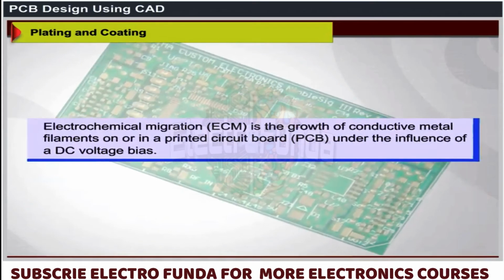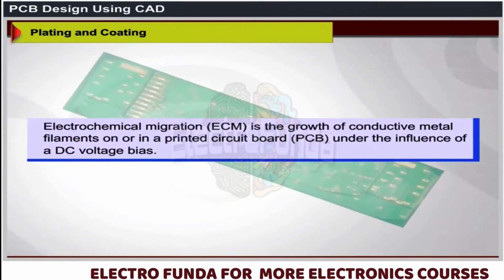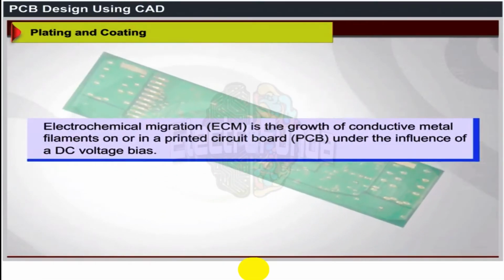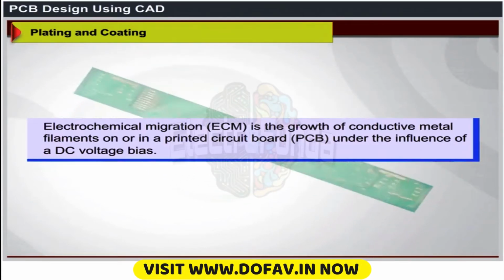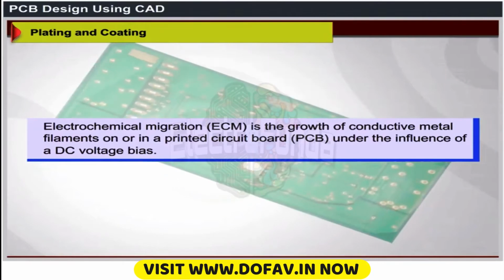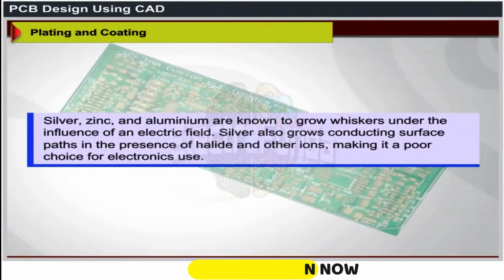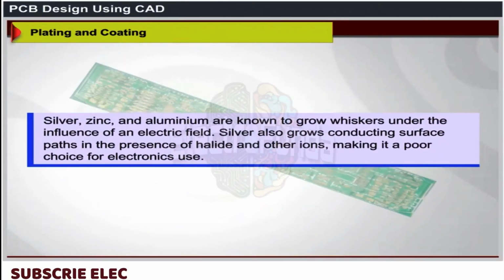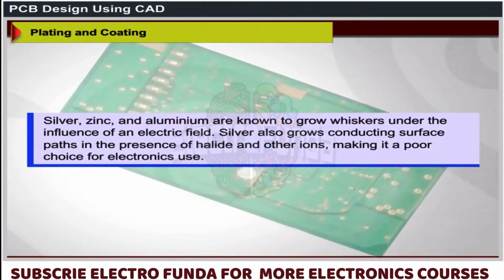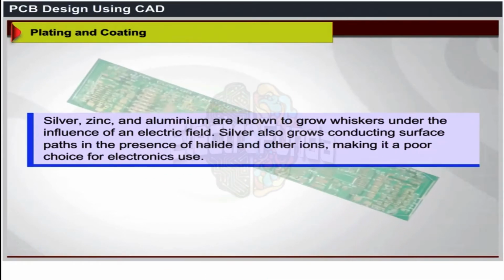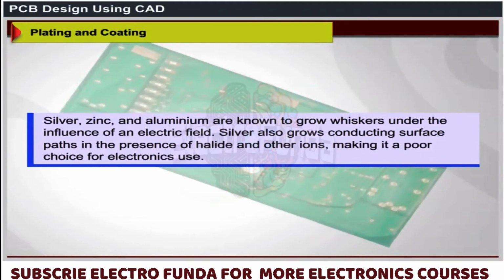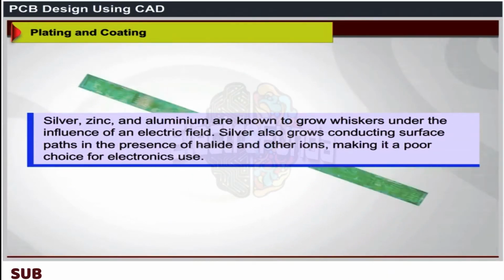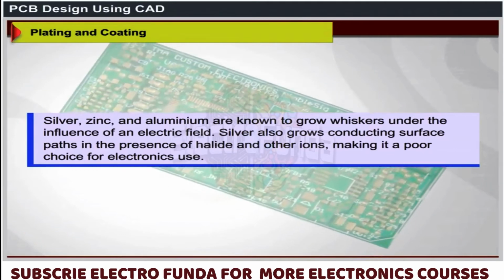Electrochemical migration (ECM) is the growth of conductive metal filaments on or in a printed circuit board under the influence of DC voltage bias. Silver, zinc, and aluminum are known to grow whiskers under the influence of an electric field. Silver also grows conducting surface paths in the presence of halide and other ions, making it a poor choice for electronic use.